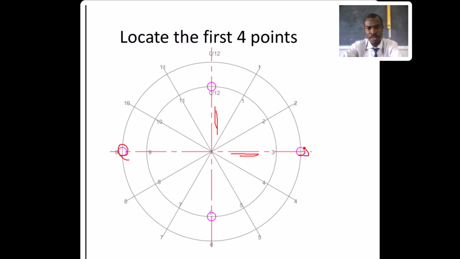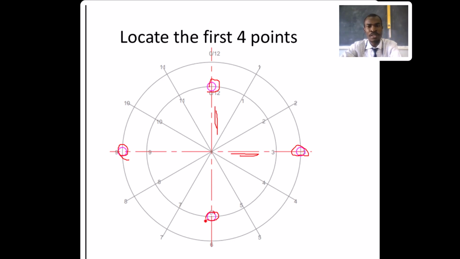On the other side you have a point too. Then since our minor axis will be vertical, where the vertical center line is crossing the circle that has the diameter of the minor axis, you locate your points. So just like that, we have our first 4 points.